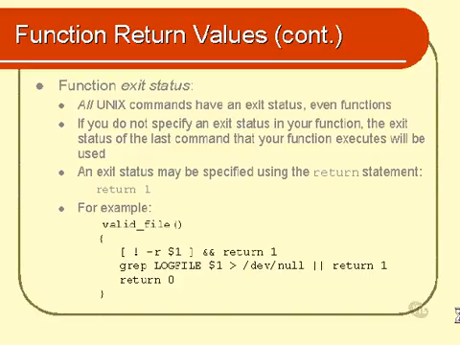So now if we made it past that first line, then it must have been readable. Let's test it to see if it contains the string log file. So, theoretically, according to the logic of this little function, if the file contains the word log file, then it is a valid file. So what this will do is test to see whether grep actually finds the word log file in it, and if it doesn't, it will return 1.